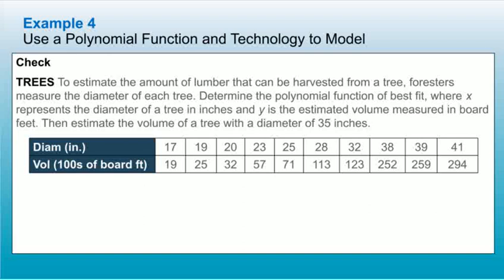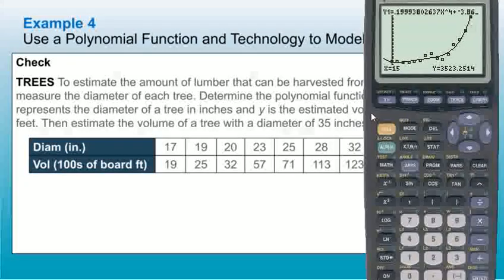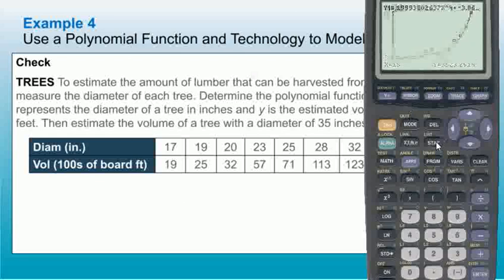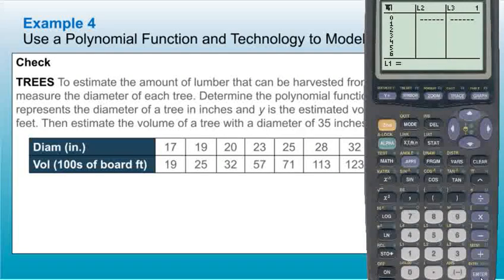So we are going to enter these into our calculator. I'm going to go to Stat, Edit, just going to clear everything. Now, since this one's not dealing with years, I put the table in exactly the way it is.